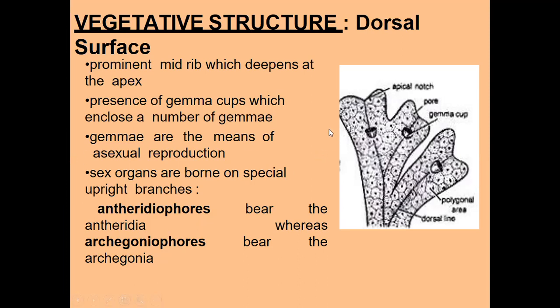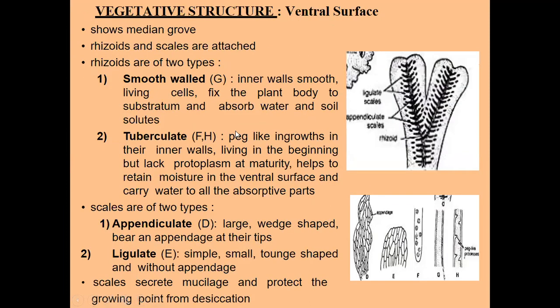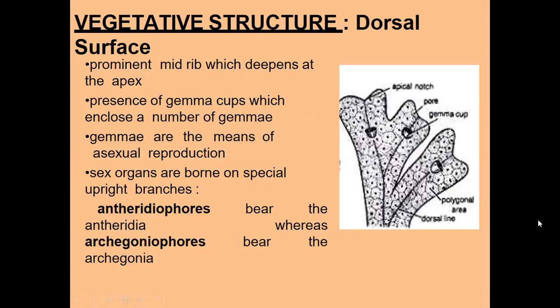Now, when we go to the structure of Marchantia, it is a dorsiventral thallus. The dorsal side differs from the ventral side in color and also in some peculiar characters.